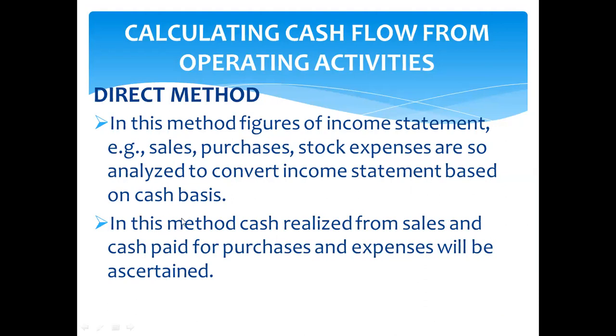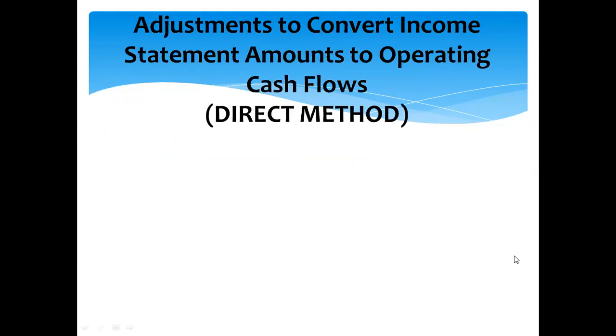And in this method, cash realized from sales and cash paid for purchases and expenses will be ascertained. All right. So here are the adjustments to convert income statement amounts to operating cash flows using the direct method.